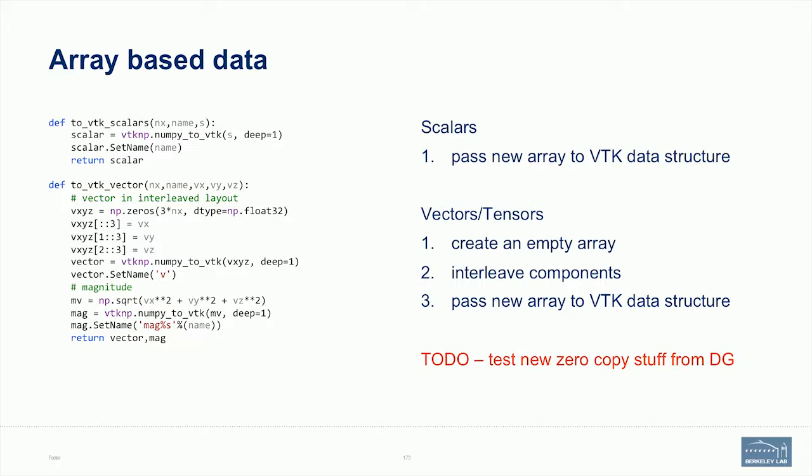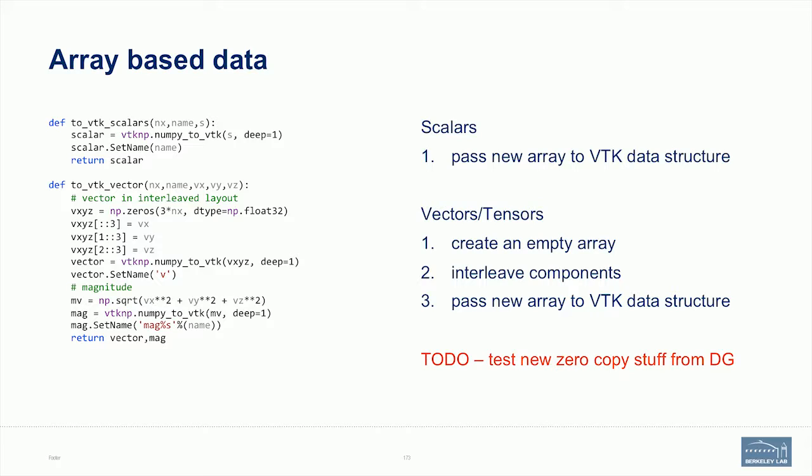There's a typo here. This would actually have the name inserted. There'd be a %s, and I'd be inserting that name in. So there's a typo in that. It would look something like this, but it would be v%s name, similar to how I'm doing it down here. And then I compute the magnitude of the vector.